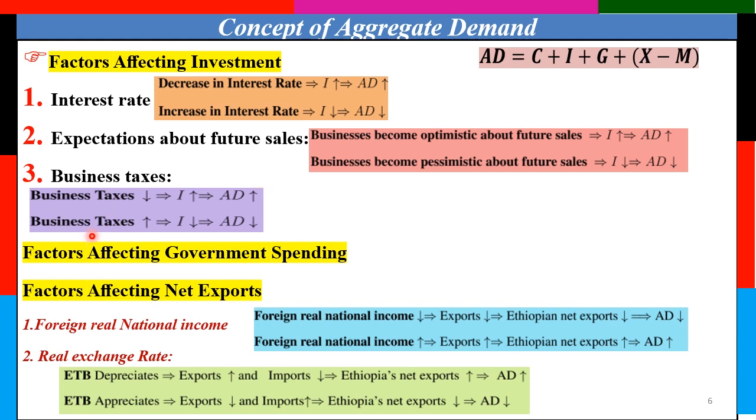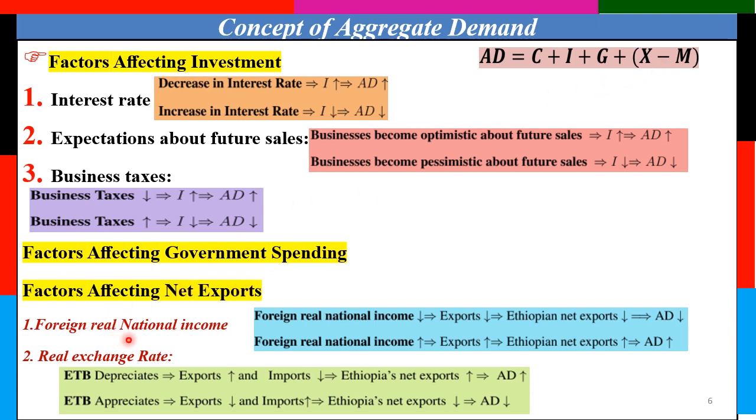If the business tax is increasing, investment goes down and aggregate demand also goes down or decreases. Factors affecting government expenditure: government policy, such as fiscal policy or monetary policy, can affect government expenditure. And factors that affect net export, this one.